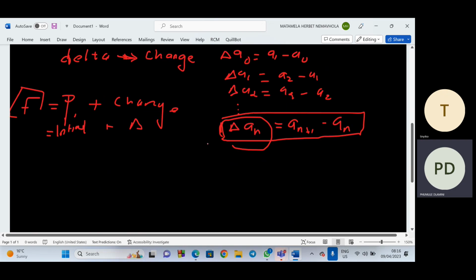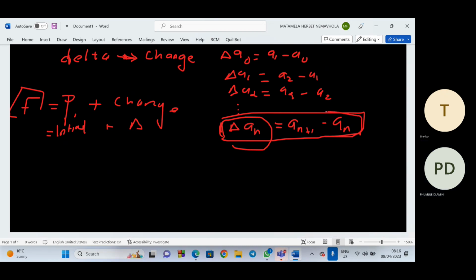So now we can play around with this formula. If I take this AN to the other side, it will change the sign, so we get AN plus the change, delta, which is also for AN.